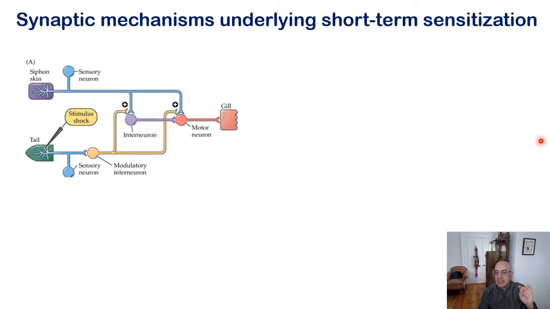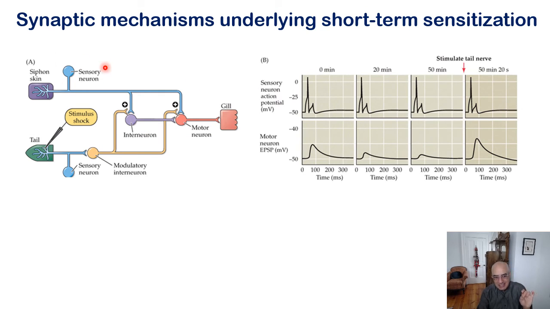So what you see at the level of the nervous system is that this sensory neuron, every time you touch the siphon skin, produces an action potential. But the EPSP that it produces on the motor neuron is initially large, and then it goes through short-term synaptic depression. As you touch, it becomes depressed.